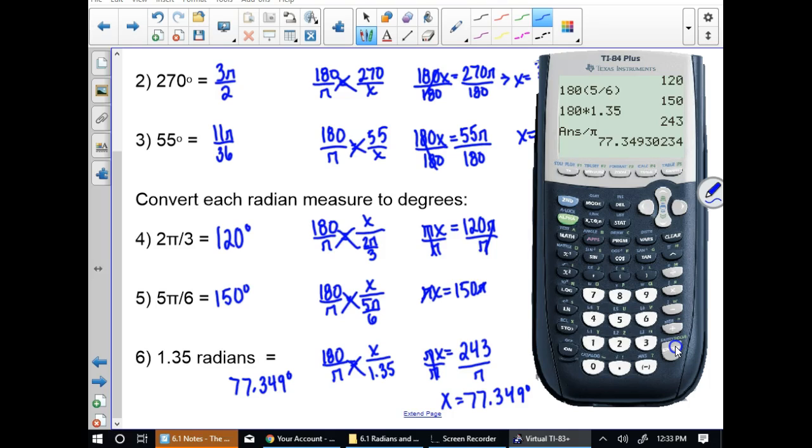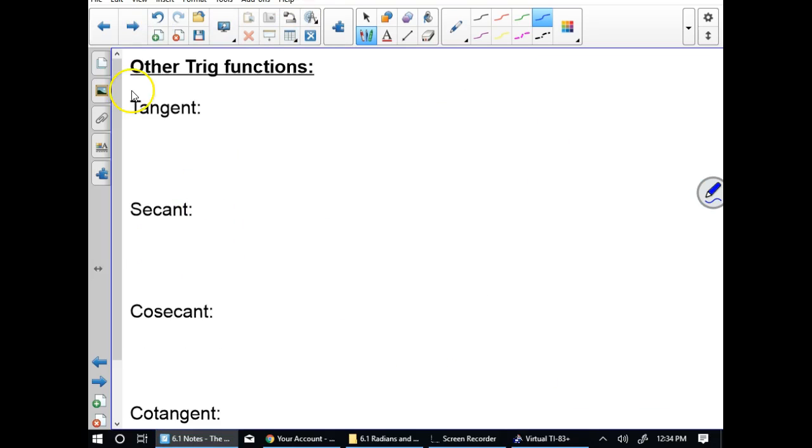Okay, the last thing we've got to do is learn how to use our unit circle to find values here. I did show you guys this because I got a little ahead of myself with some stuff, but trig functions. You have not seen secant, cosecant, or cotangent very much at all. But I did tell you earlier, you don't necessarily have to write this down unless you want to.